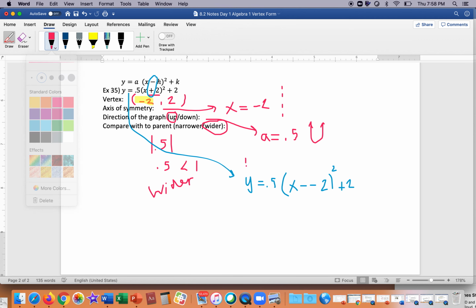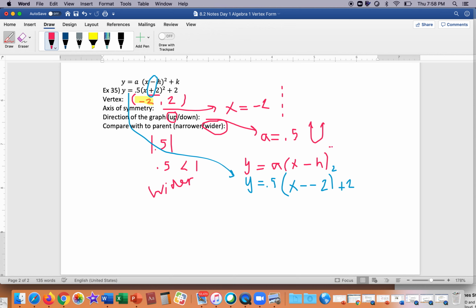So then when you have y equals a times the quantity x minus h squared plus k, whatever's left, your a value is 0.5, your x's cancel, the first negative cancels, so your h is negative 2, right?